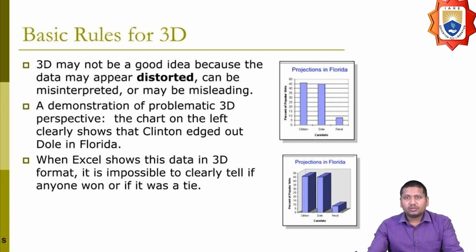Some of the basic rules to follow for 3D: 3D may not be a good idea because the data may appear distorted and can be misinterpreted or misleading. In the demonstration of the problematic 3D perspective, the chart on the left clearly shows Clinton with a slight edge over Dole in Florida. When Excel shows this data in 3D format, it is impossible to tell if anyone won or if it is a tie itself.